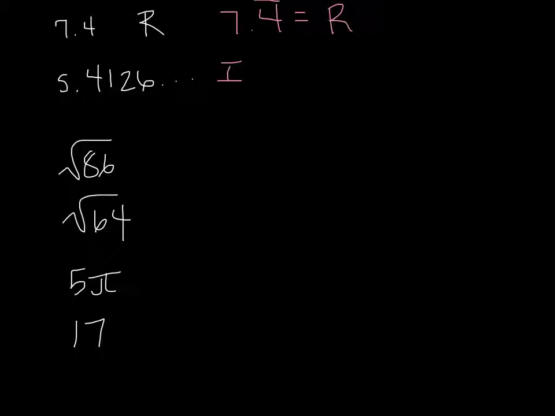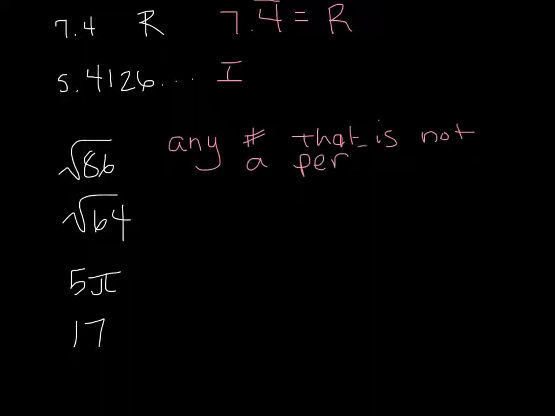The square root of 86 is not a perfect square. Any number that is not a perfect square is irrational. I forgot my stylus at home, so it's my big bulky finger trying to write this.